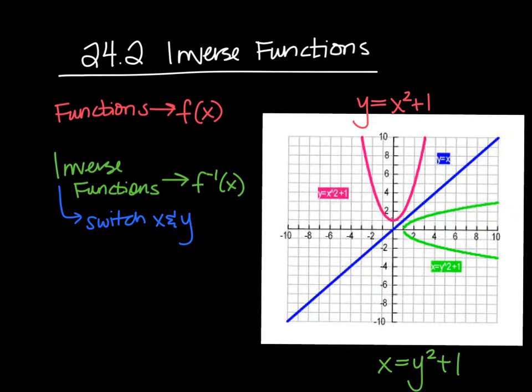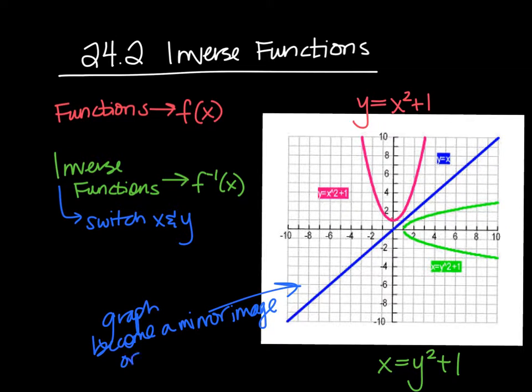The other thing, because we're switching x and y, what happens to the graph is, and we need to write this down, the graph becomes a mirror image, or we call that a reflection. You're used to reflection meaning it flips down. So it becomes a mirror image or a reflection across the line y equals x.